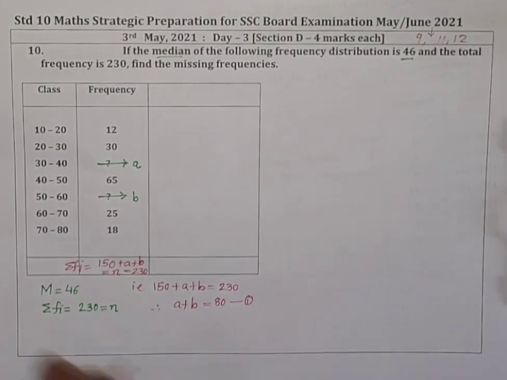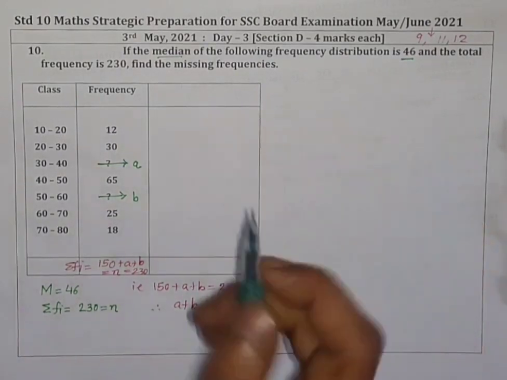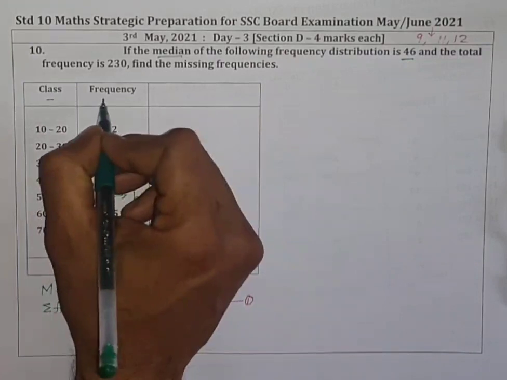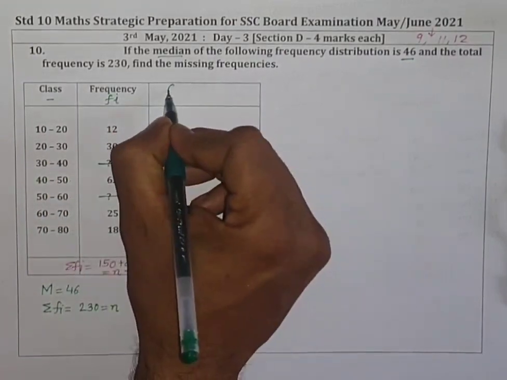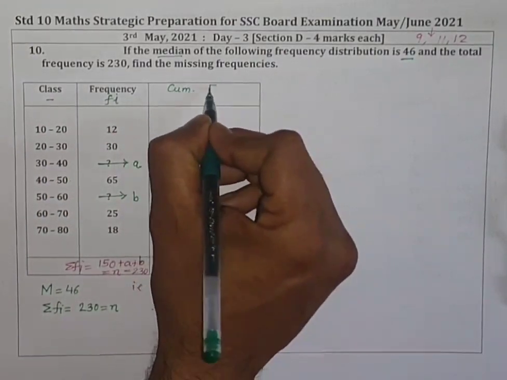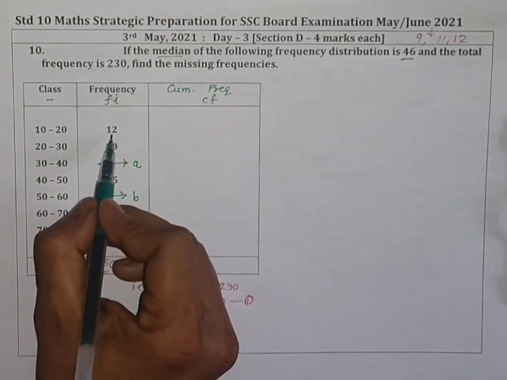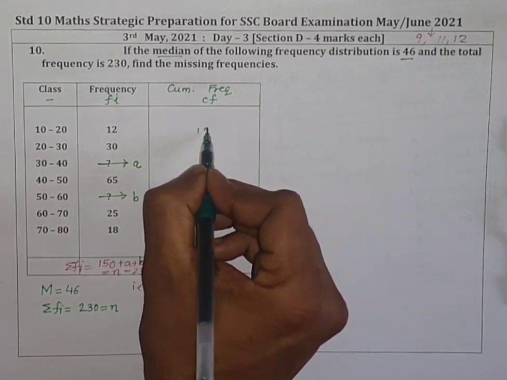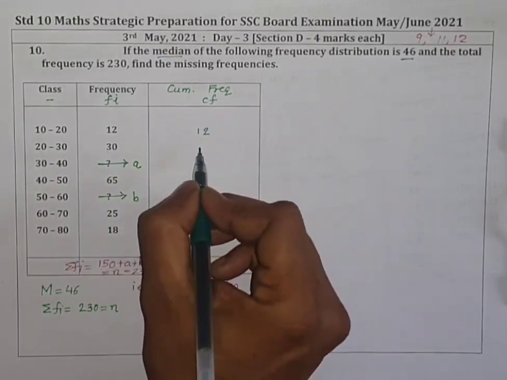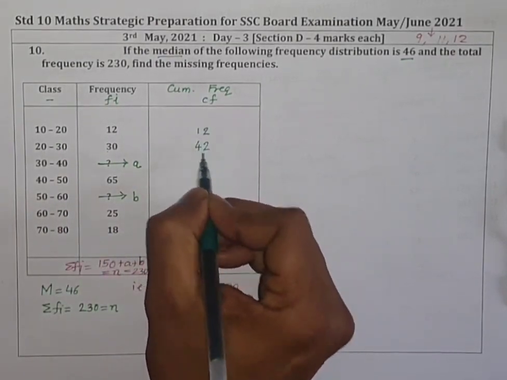Now, what shall we do, children? To use that formula we will need cumulative frequency, that is CF. What is the cumulative frequency of this class? 12. Next class, 12 plus 30 is 42.